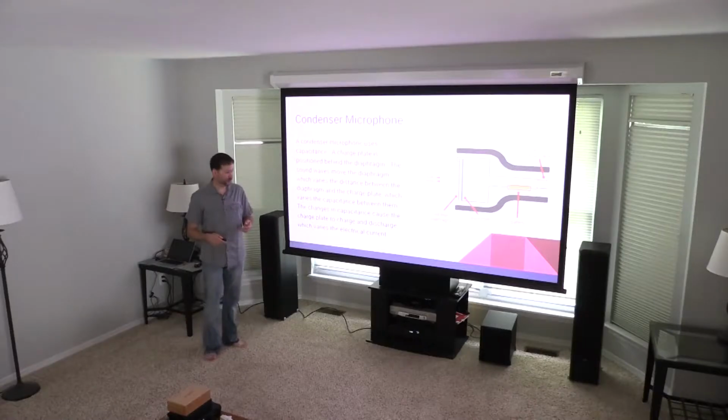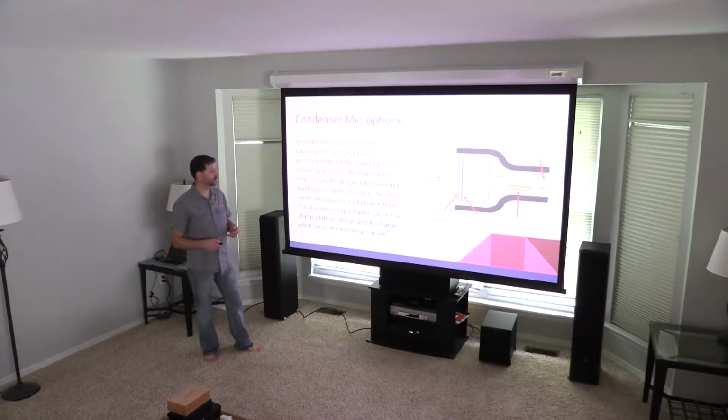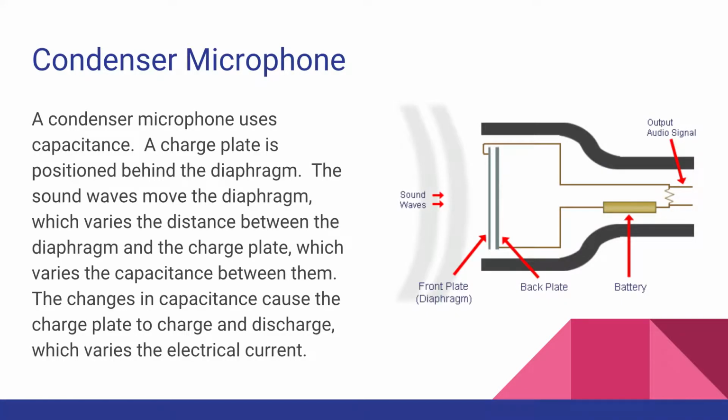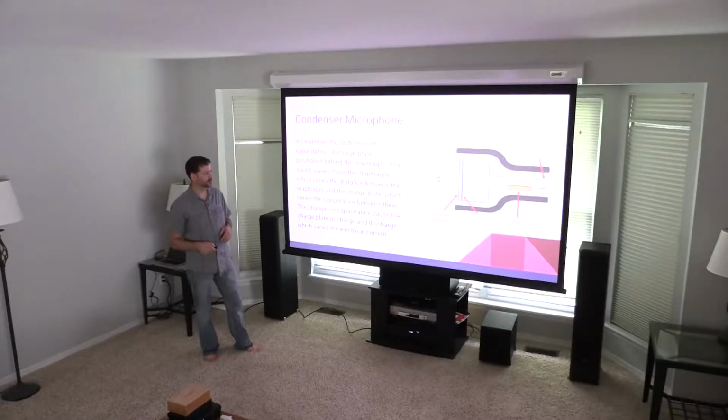The way the condenser microphone works, it has a diaphragm just like the dynamic microphone, but instead of having a coil attached to it, there's another plate behind the diaphragm, and this is called the charge plate, or they're calling it a back plate here. This type of microphone requires power to be applied to it.